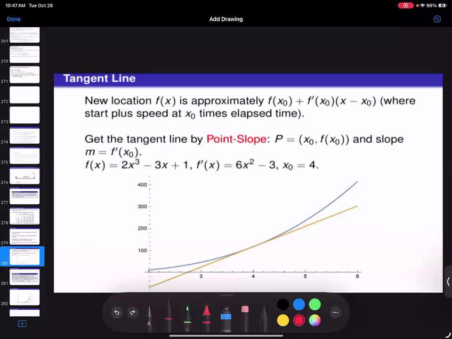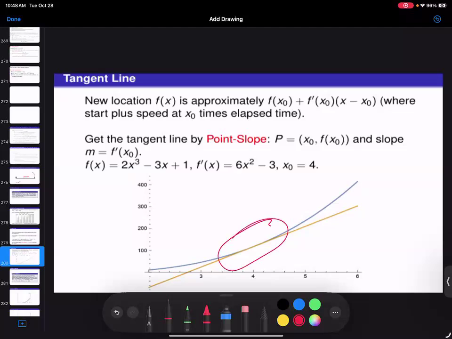So for example, if I give you the function 2x cubed minus 3x plus 1, I can calculate the derivative. It's going to just be 6x squared minus 3. And if I give you some point 4, I can then calculate what is my tangent line. And if you look at the tangent line approximation, I think you'll agree it's doing a pretty good job.